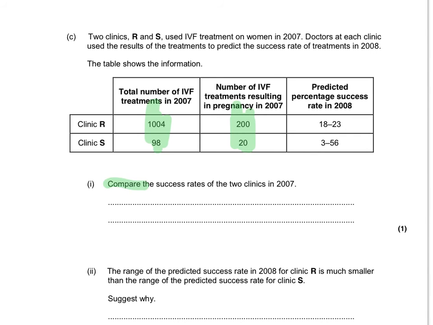At first glance it would look like clinic R has a higher success rate because there are 200 IVF treatments resulting in pregnancy. However, if you look a little bit closer, both clinic R and clinic S have around 20% success rate, and that's the mark for this question. You had to say that both clinics have a near identical success rate of approximately 20%.